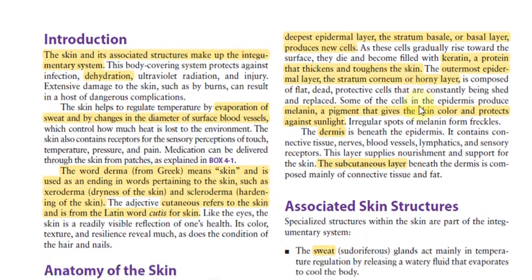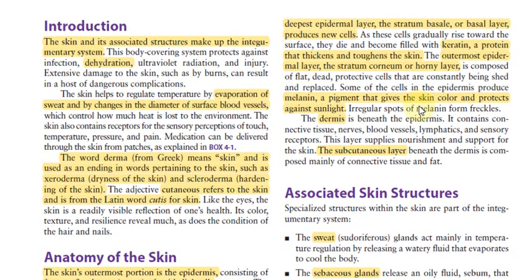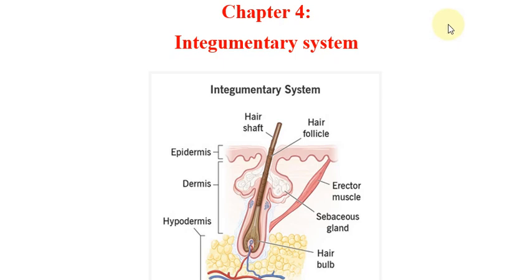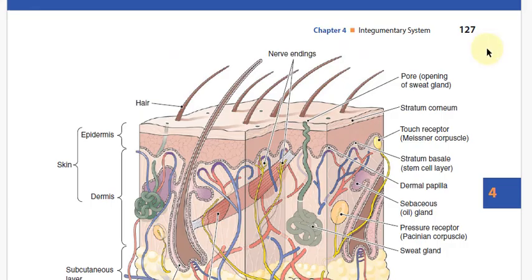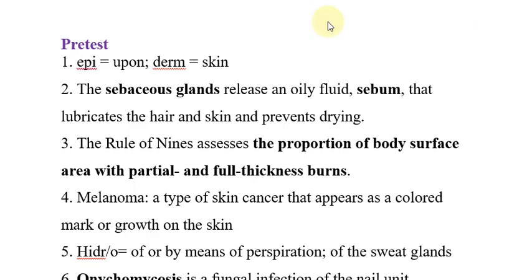We covered the introduction section of the integumentary system. We had a look at a more general picture of the integumentary system, like this one here and this one on page 127. We worked on the tests of the pre-test section.